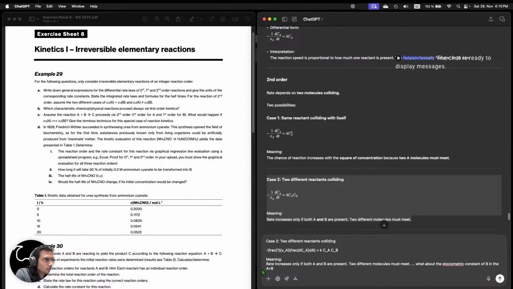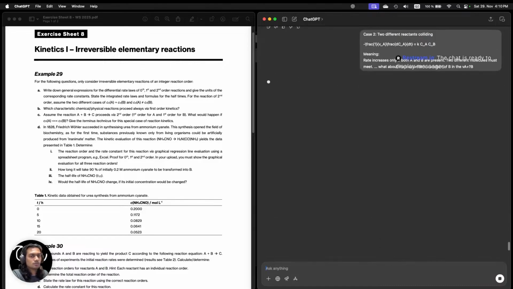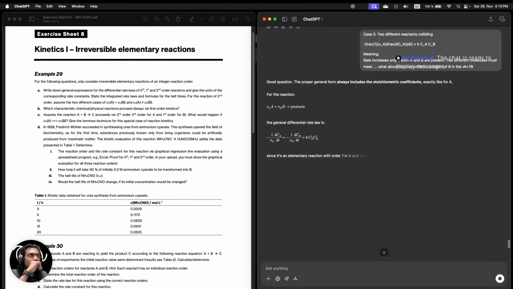Why can't I go here? The general proper form always includes the A. Why? For general differential law is okay, since it's elementary reaction with order 1.